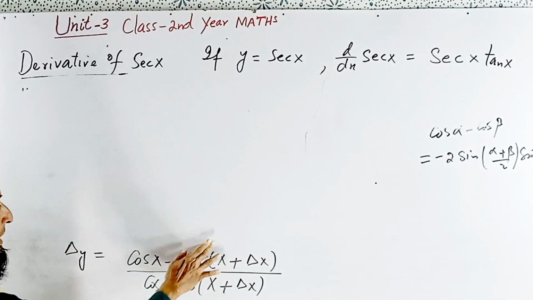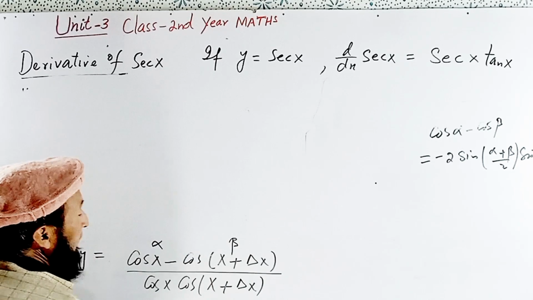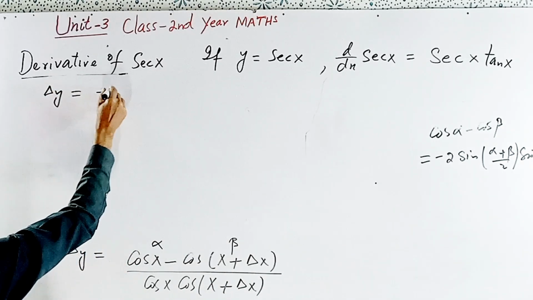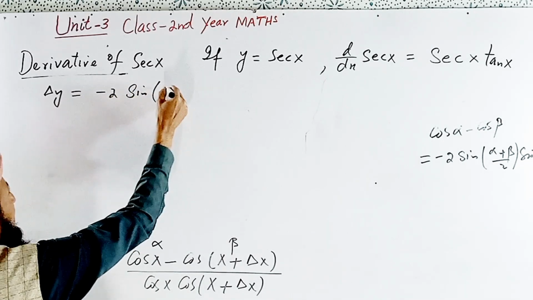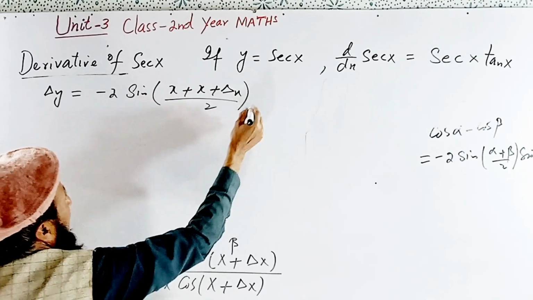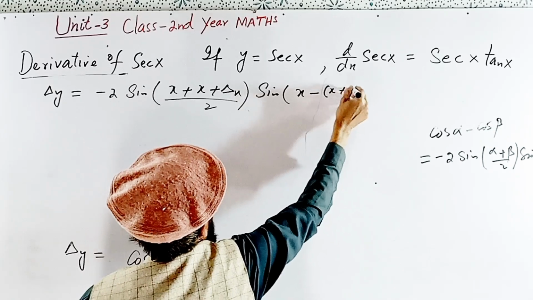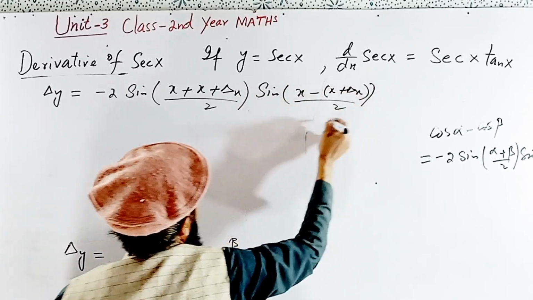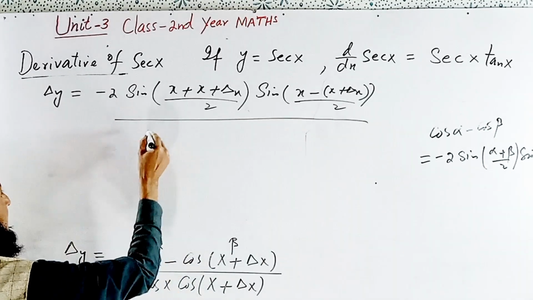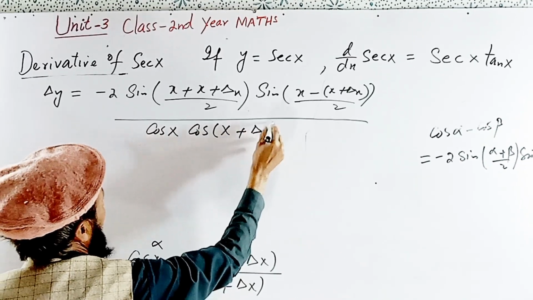Cos x is considered alpha and cos of x plus delta x is beta. So using the formula, delta y is equal to minus 2 sin of (x plus x plus delta x) divided by 2, and sin of (x minus x plus delta x) divided by 2, that is alpha minus beta, divided by the LCM. LCM is cos of x and cos of x plus delta x.